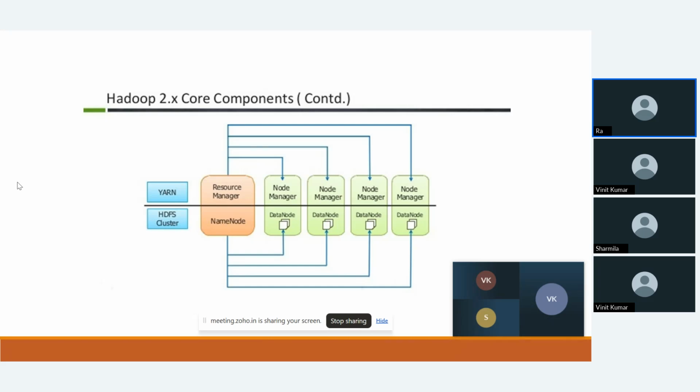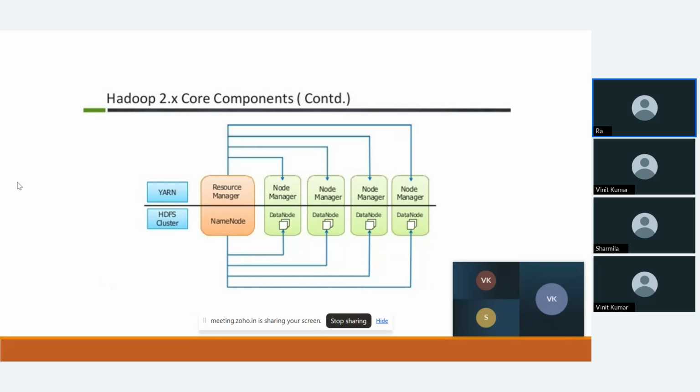Same way, the resource manager is the one who is going to process. On each of the data nodes, basically on the slave, we have the node manager and the data node running. For storage we call it the data node, and for processing we call it the node manager.